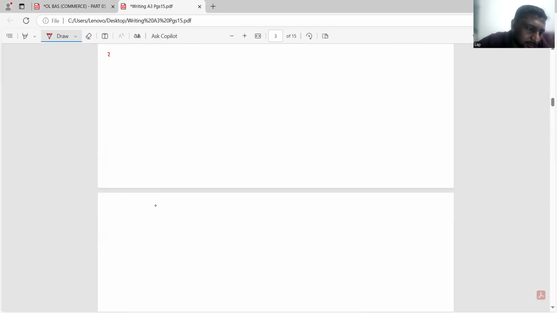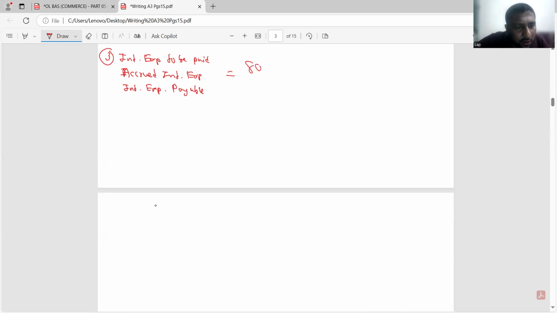The third one, interest expense to be paid. Accrued interest expense. If not, interest expense payable. 80,000 loan, 12%. 12% means 9,600.